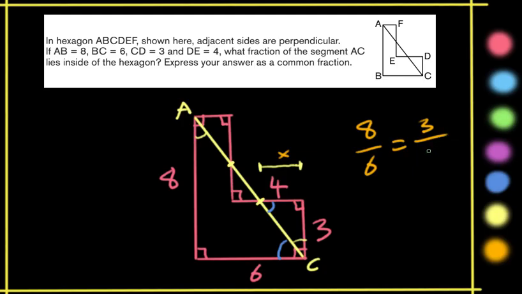Okay? So we should be able to figure out what x is from that. And then we can also figure out, well, let's see. I guess we know this distance here is going to be 4 minus x.